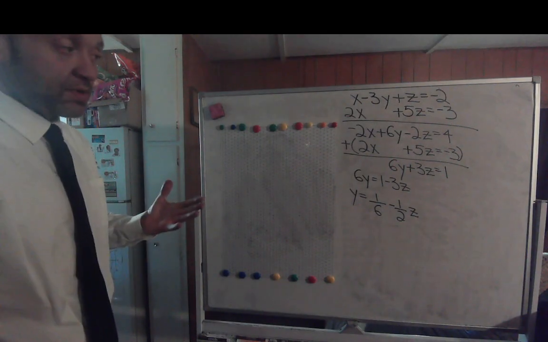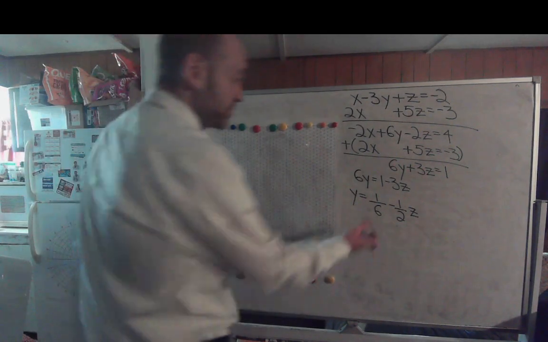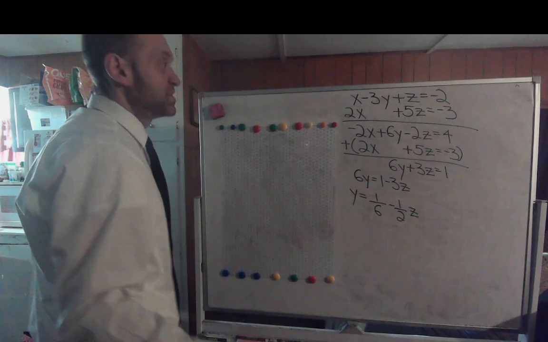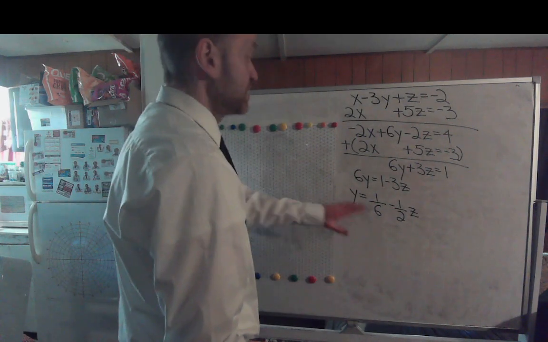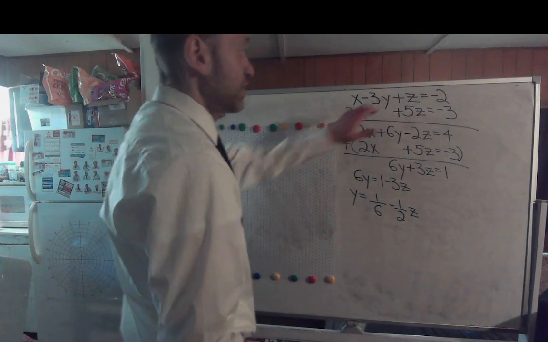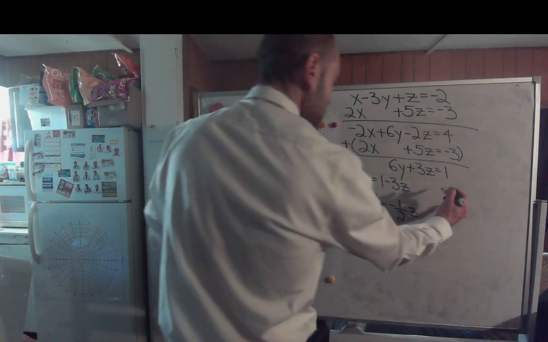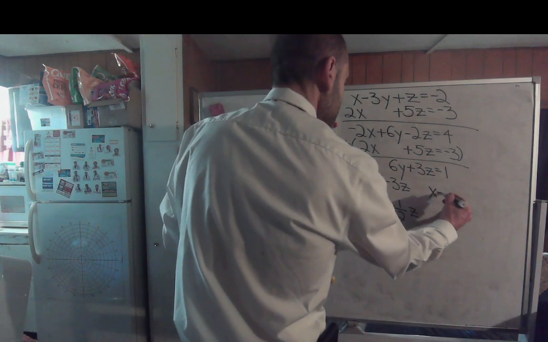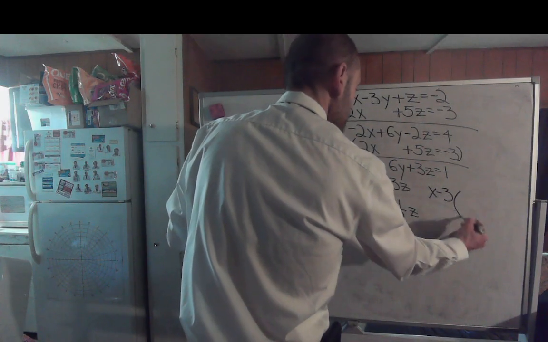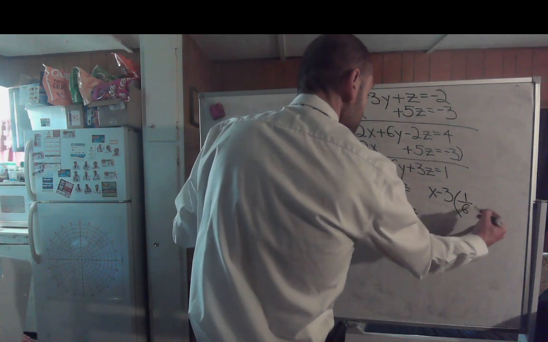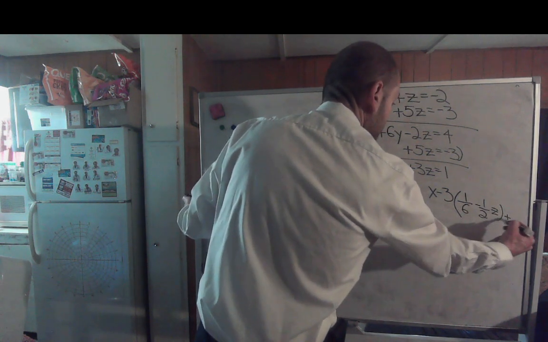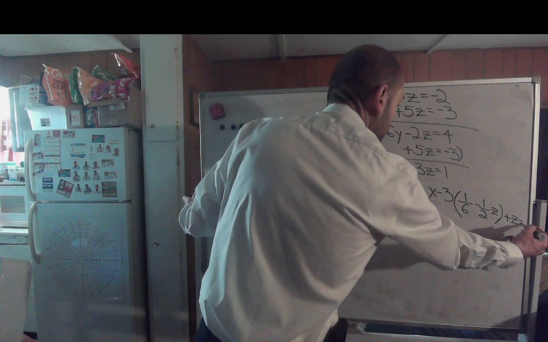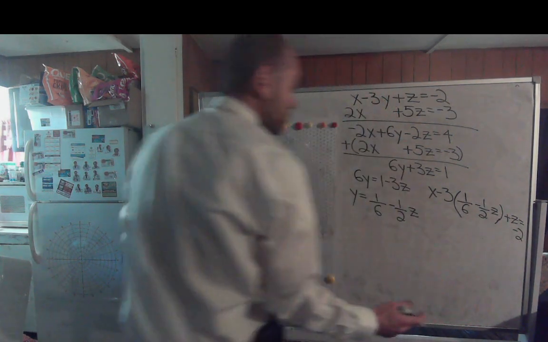So z, of course, is z. Y itself is 1/6 minus 1/2 z. I'm going to suggest we put this y into the top original equation and solve for x. So this would turn into x minus 3 times (1/6 minus 1/2 z) plus z is equal to negative 2.